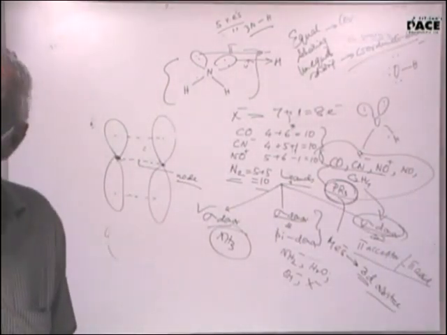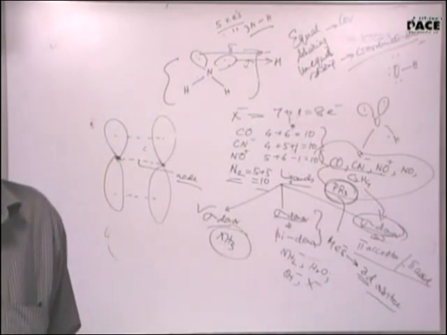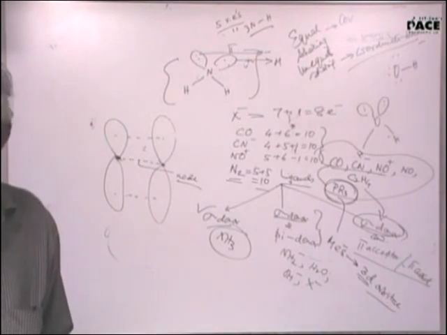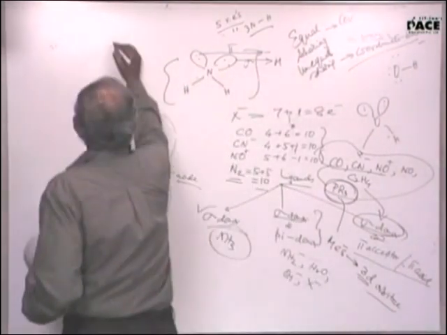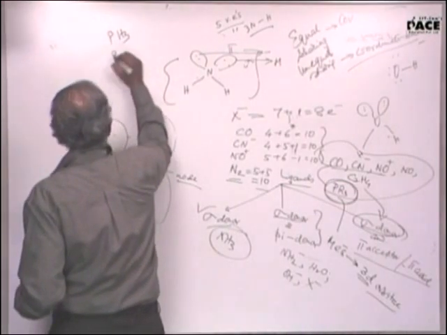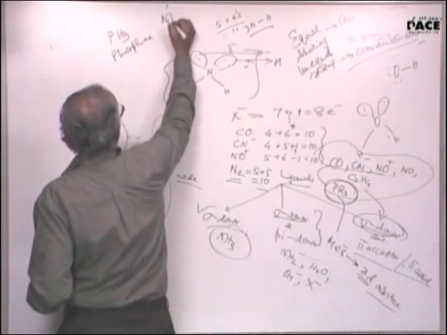Phosphine, alkyl or aryl phosphine. Alkyl, where R is the methyl group, ethyl group, that is alkyl phosphine. I told you that this is phosphine, just like ammonia.